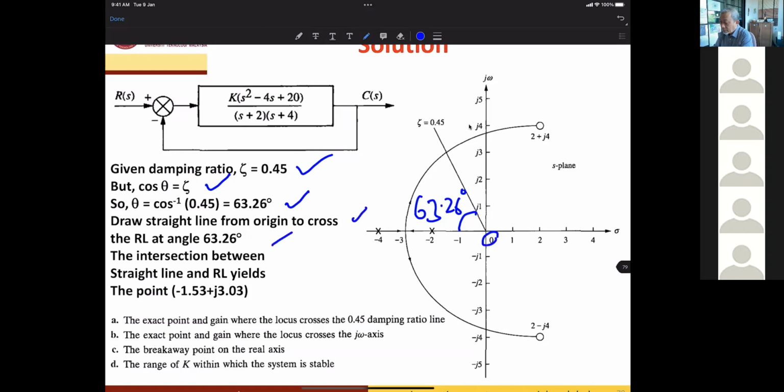Okay, intersection dia adalah yang ni. Okay, maybe the answer is different. Atika answer different, Noraina different, Safona different, but not much. As long as in this region. But if your answer is minus 15.3 plus J 30.3, of course this answer is wrong because it's too far.